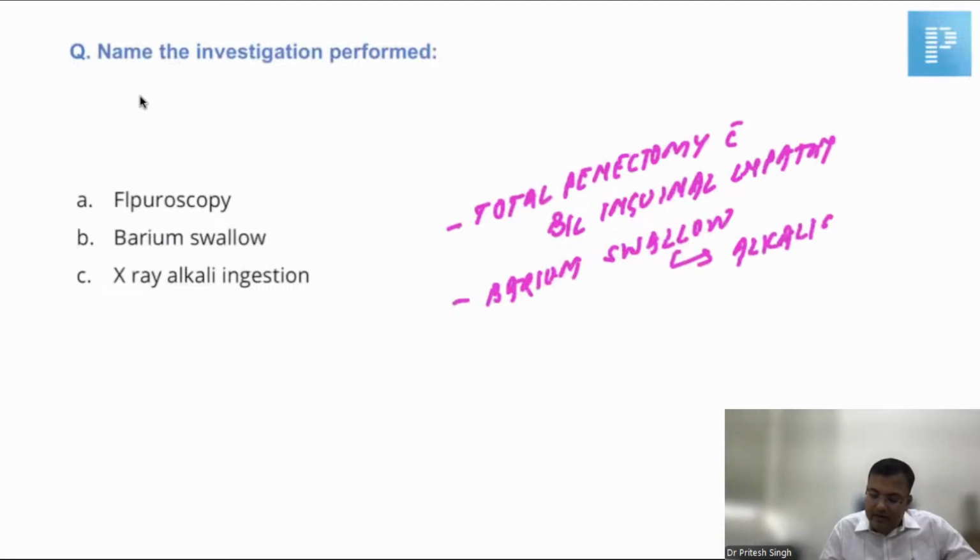Guys, Zenker's diverticulum picture was there.